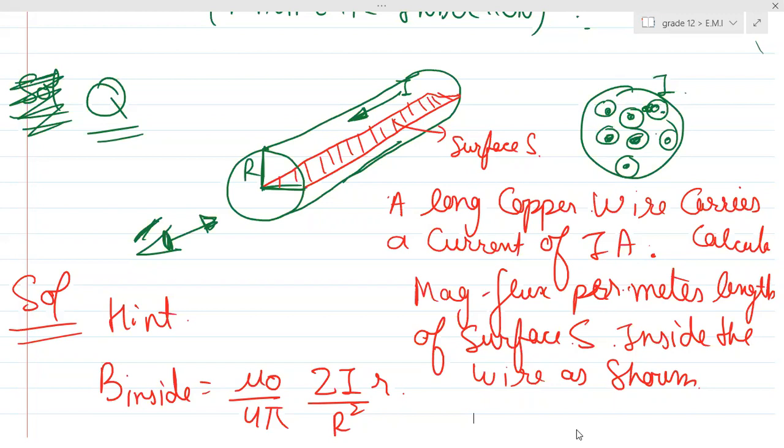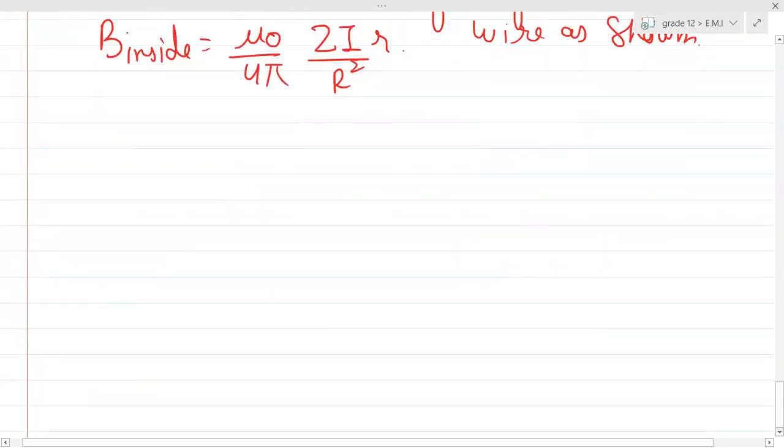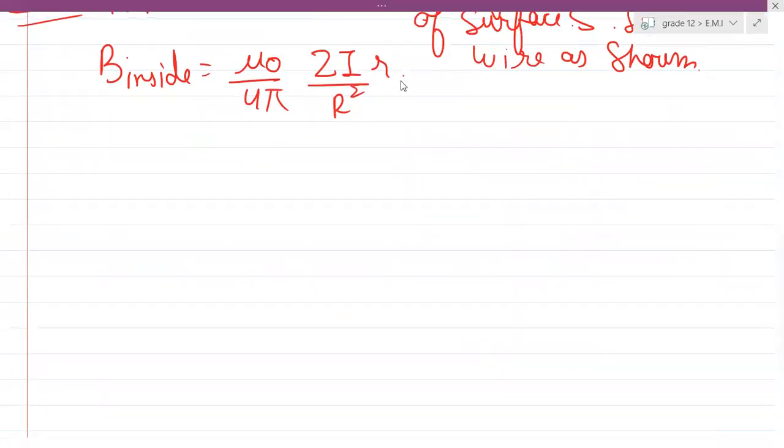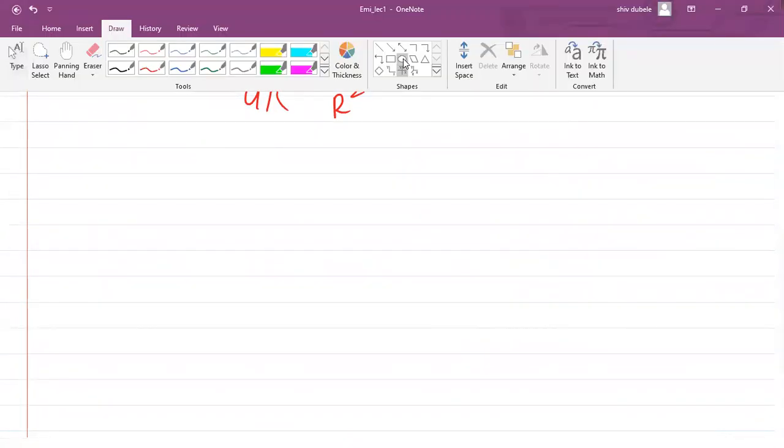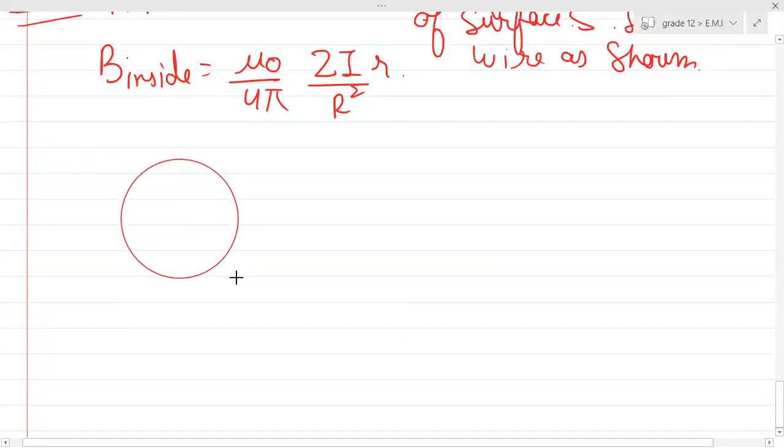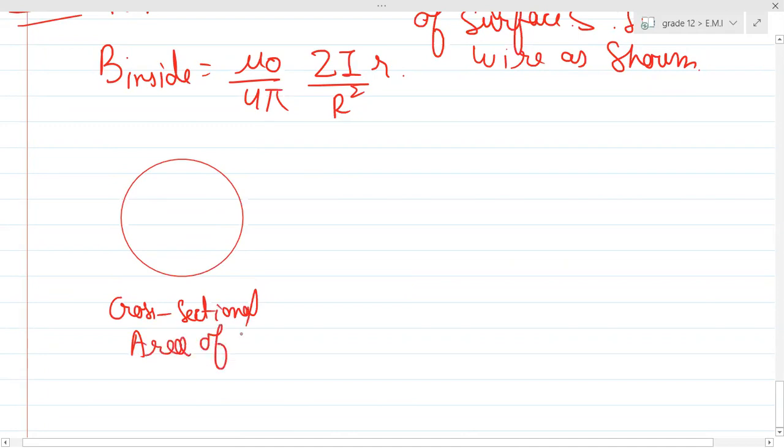So does everyone know the direction of this thing? When the current is coming out of the plane uniformly, if I draw the cross sectional area of the wire, the current is coming out, and we know the magnetic field at a point r inside is acting in this direction, right?